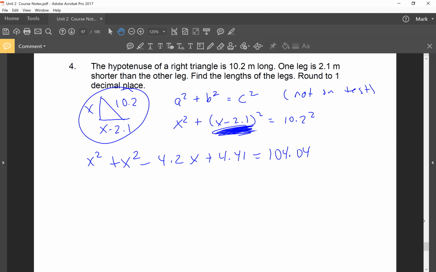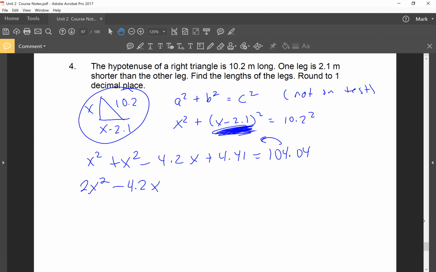Okay. Now, what I want to do is get this in the form of ax squared plus bx plus c. So this is 2x squared minus 4.2x. Everything's going good so far. And I'm going to move this guy over.